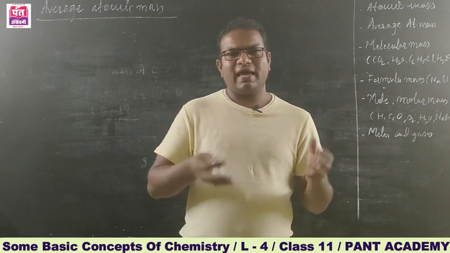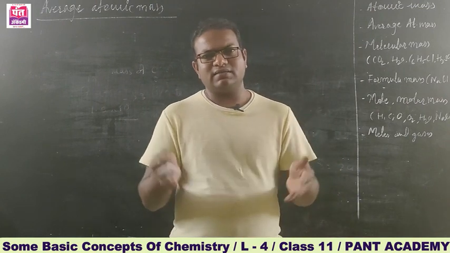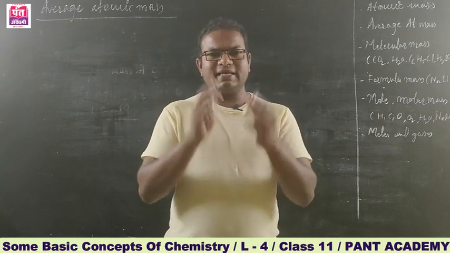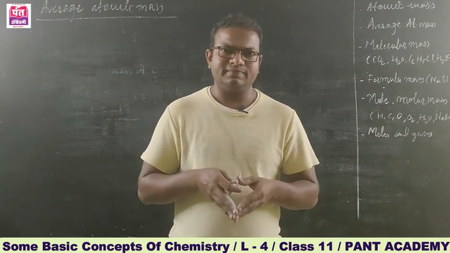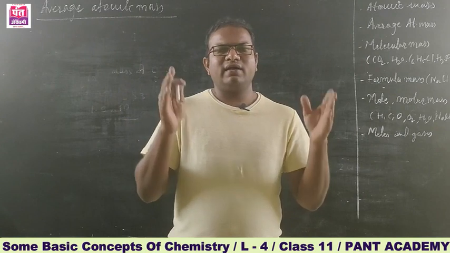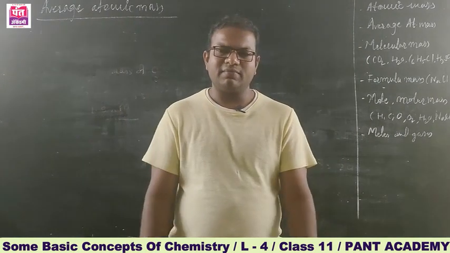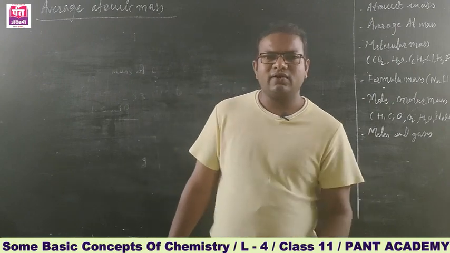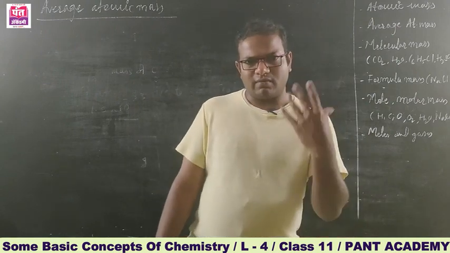Average atomic mass means average of atomic masses of all the atoms present in a particular element. That is called average atomic mass. त्याला काय म्हटलं जातं? एवरेज ॲटॉमिक मास. Okay, let us calculate average atomic mass of carbon.